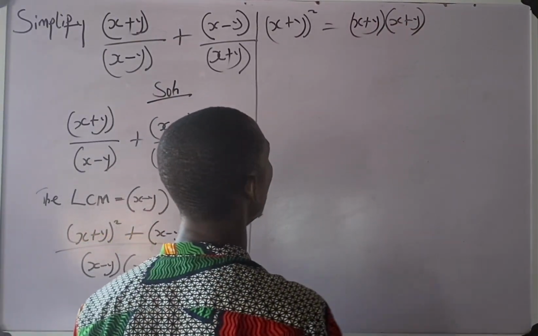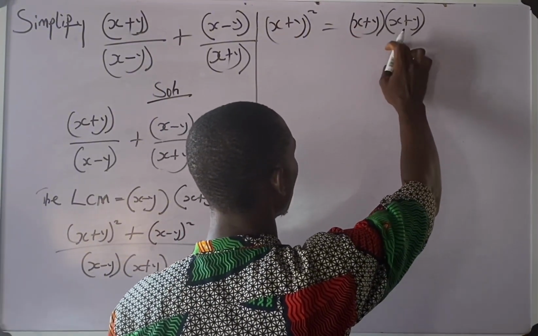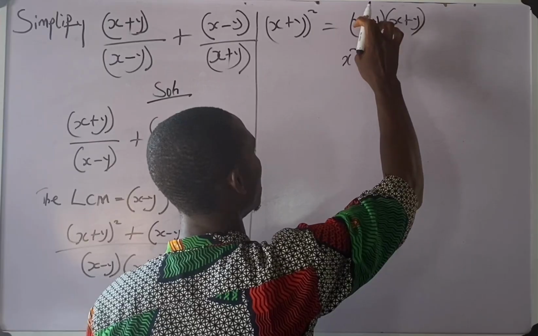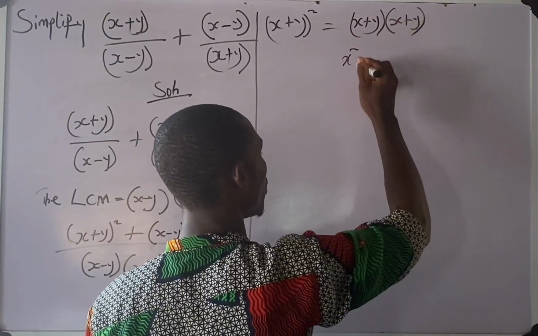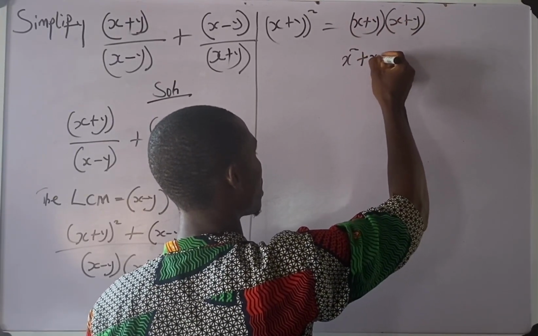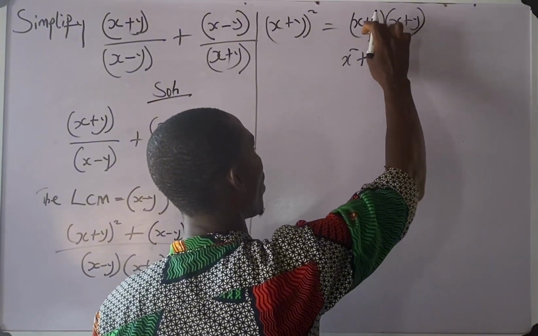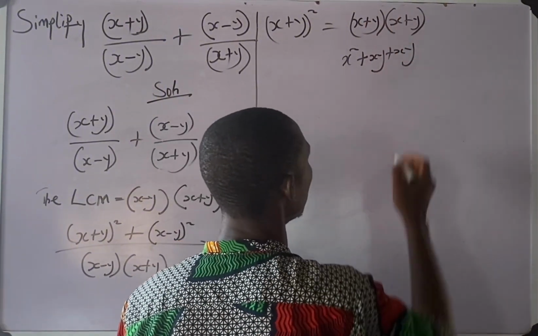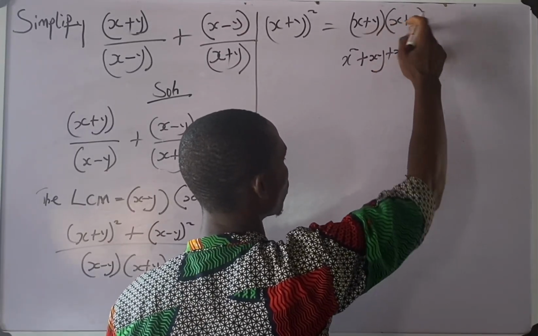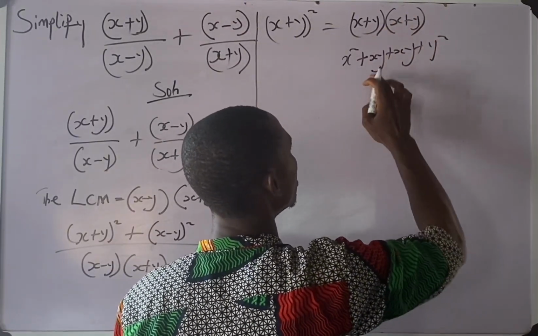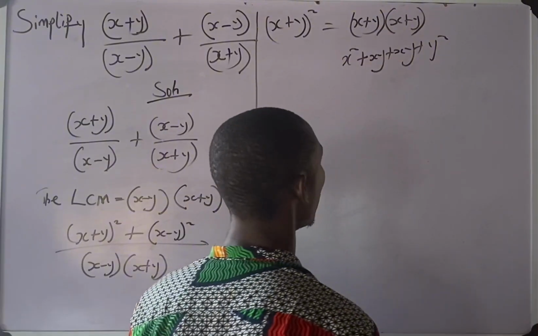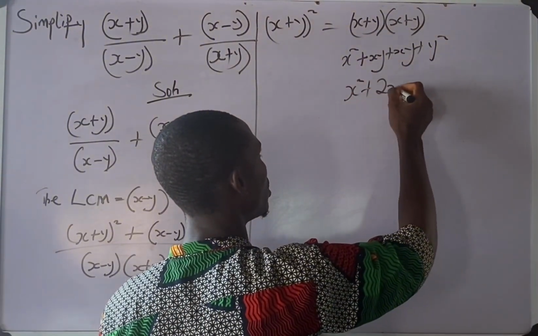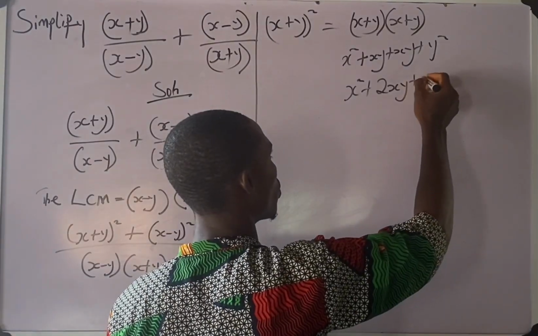So when we expand, we use this. x times x gives us x squared. x times y gives plus xy. y times x gives plus xy, right? Then plus y times y gives y squared. xy plus xy gives us 2xy. So we are left with x squared plus 2xy plus y squared.